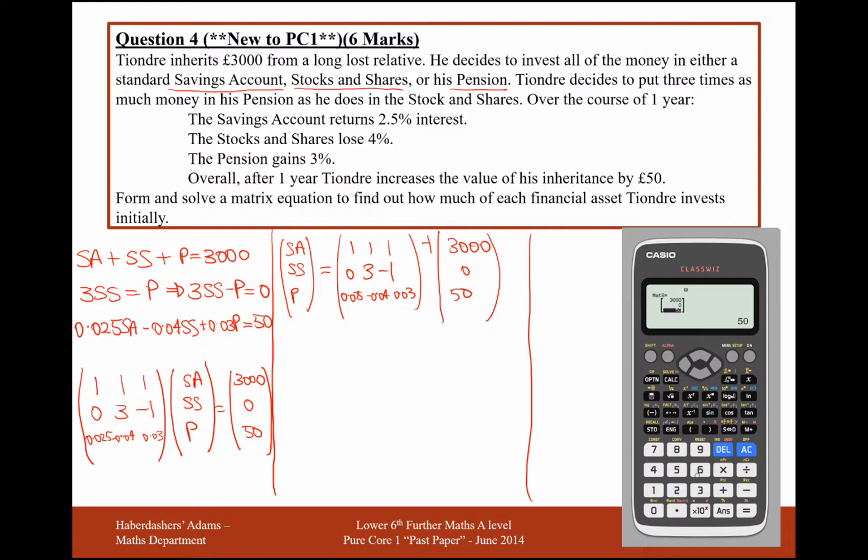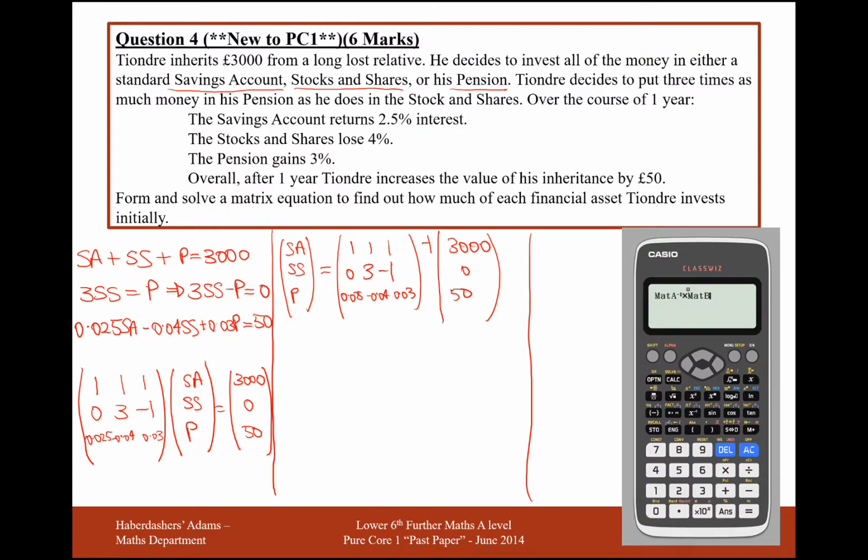This is a 3 by 1, so it's 3050, and then after you've done that, hit clear, and then using your options button, select matrix A, and then you want to invert that matrix, so you need this power of -1 button on your calculator. Then you times that by option number 2, which will give you matrix B.